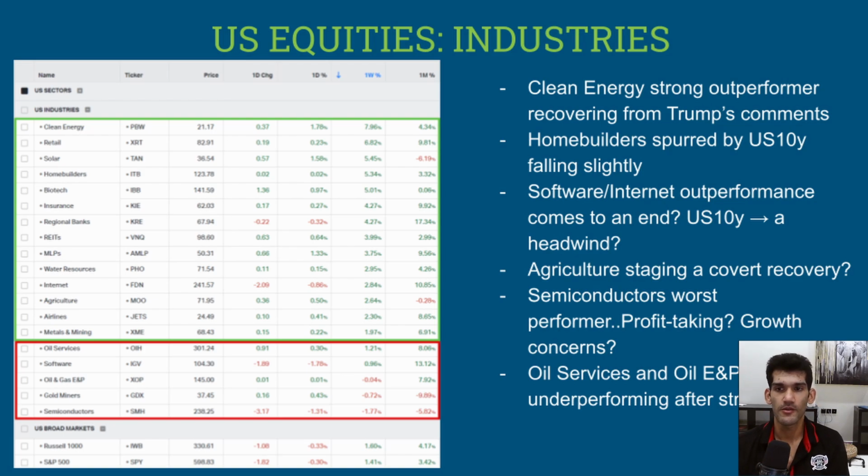When it comes to software and internet stocks, we've seen that their outperformance could have eventually now come to an end. Once again, the elevated level of the US 10-year yields, I think that's becoming a big headwind. And also, keep in mind that we've got companies within this segment where the results have not been spectacular.